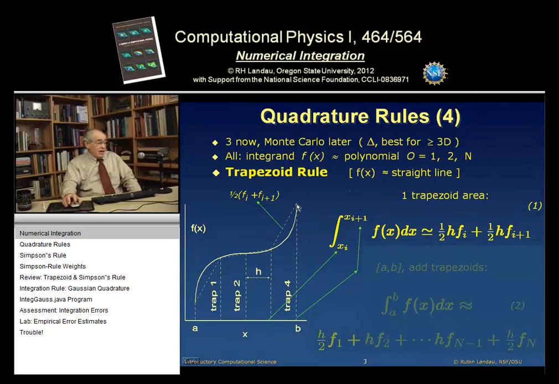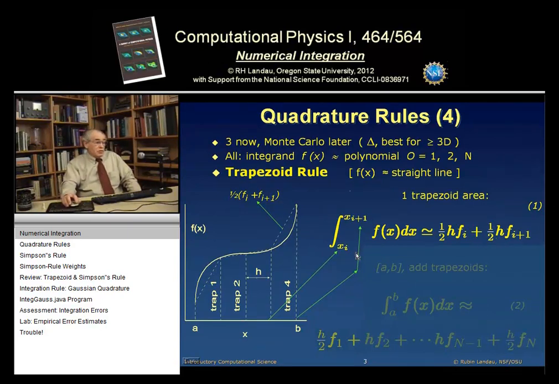On the right-hand side, the height is just the value of the integrand at point x sub i plus 1, so that's called f sub i plus 1. So the average height of this trapezoid is just 1/2, because it's an average, times the sum of the heights of the ends. So the area of this trapezoid is just 1/2 the height, f sub i plus f sub i plus 1, times the width, h.